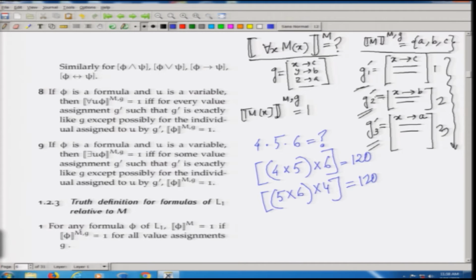So the point is, the product of 4, 5, 6 should not depend on any order, but our calculation has got an order. We finally have to say that our computation did not depend on any order, that is, whichever order you may have, it will be the same result. Here also it is the same thing.